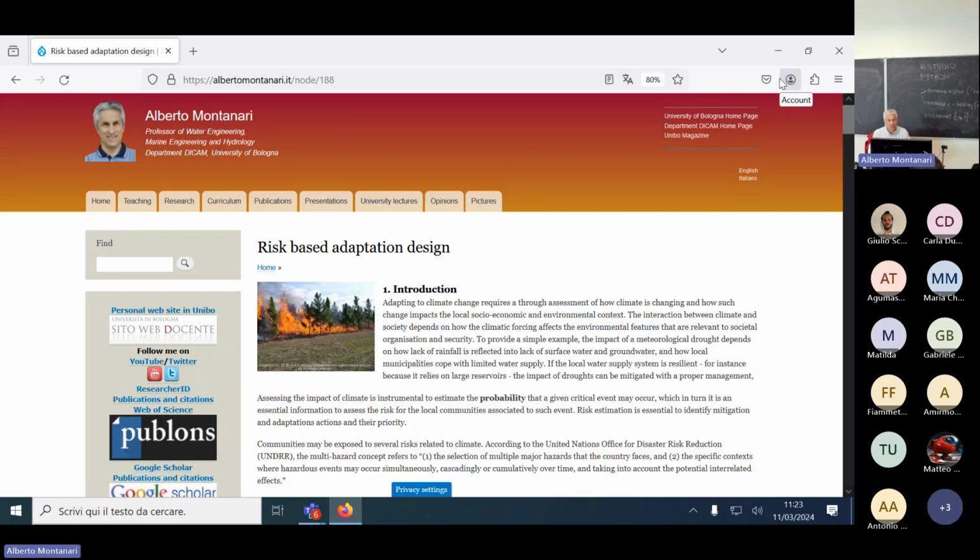Actually, it is also an important component, but what is more important is that we make an efficient assessment of the risk, whatever it means, induced by climate change through different events, different natural hazards, and then we select priorities basing on a risk assessment.